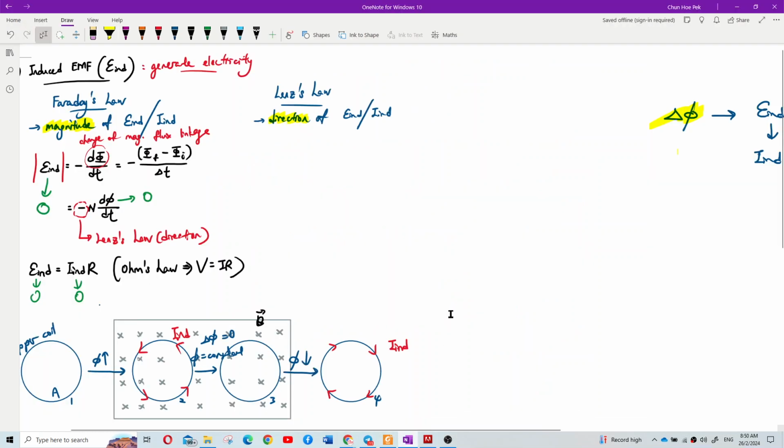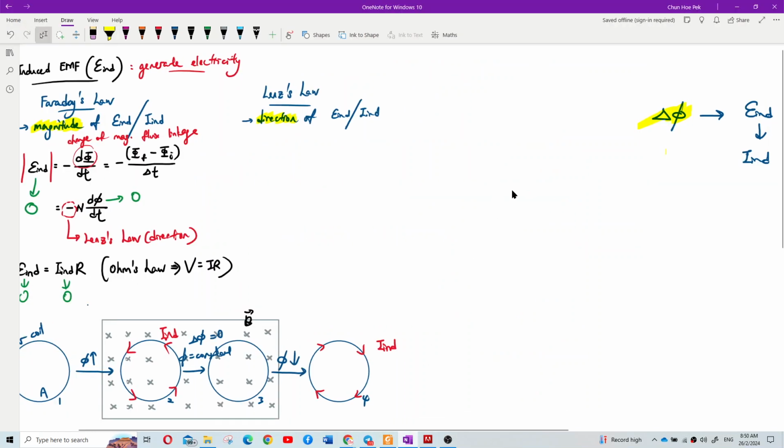Okay, so saya simpulkan begini. Kalau you rasa tak faham, saya simpulkan begini. Lenz law says the direction of induced current is always oppose. Perkataan oppose, mungkin huruf besar kalau tak nampak. Oppose what?